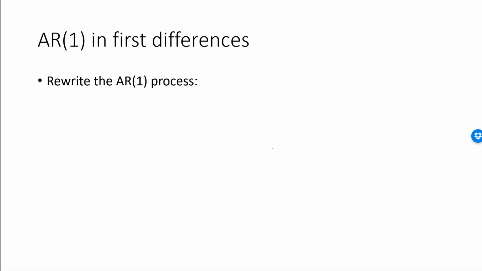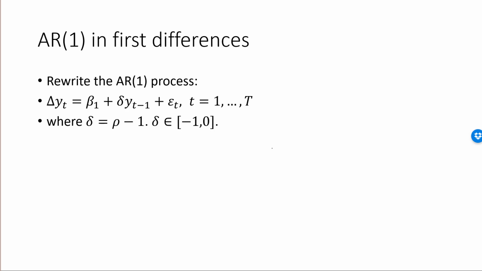We rewrite the AR1 process like this. The relationship between the variables is delta equal to rho minus 1. Since rho must be between 0 and 1, delta must be between minus 1 and 0. So we have moved the unit root from 1 to 0 in the sense that the process now has a unit root if delta is equal to 0.